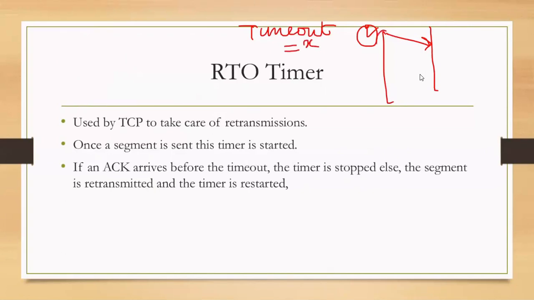If within X seconds the acknowledgement is received, then the timer will stop. Otherwise, if the acknowledgement is not received within this time and the timeout occurs, then the segment will be retransmitted. And again, the timer will start for this newly sent segment.